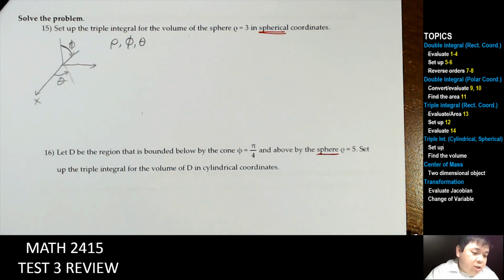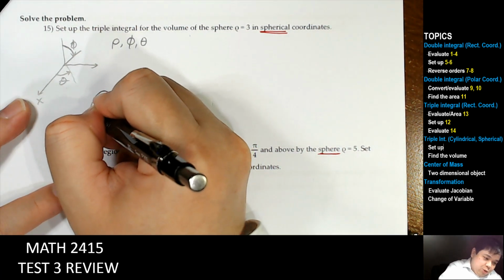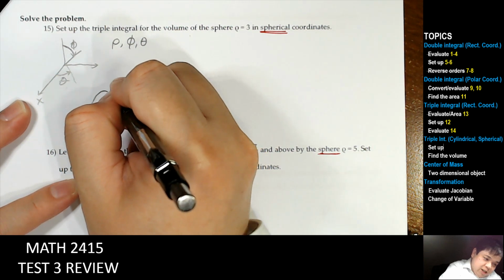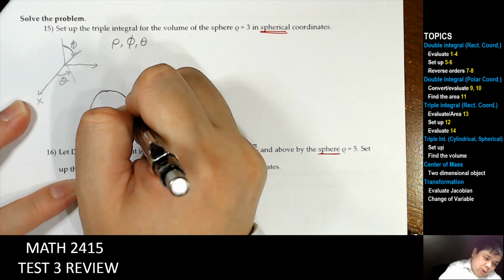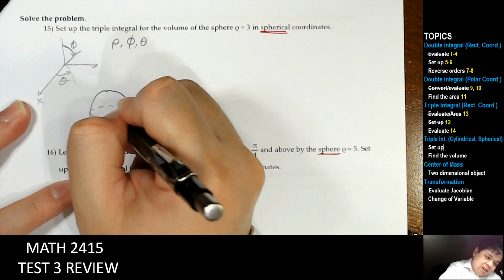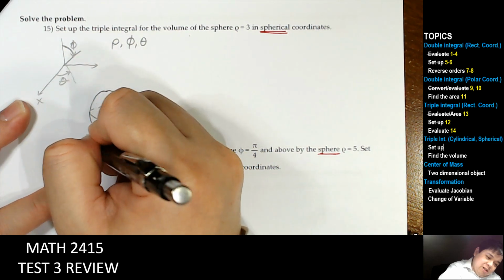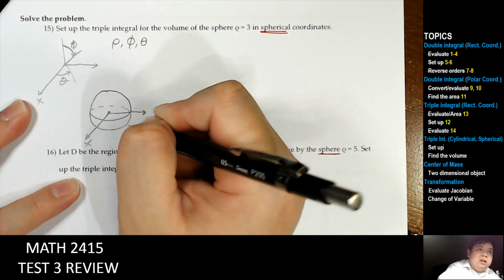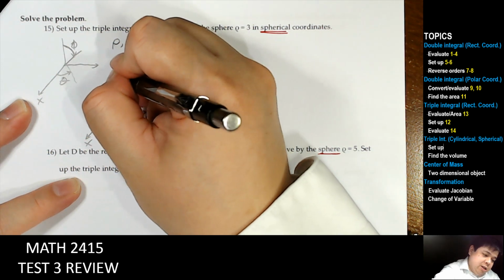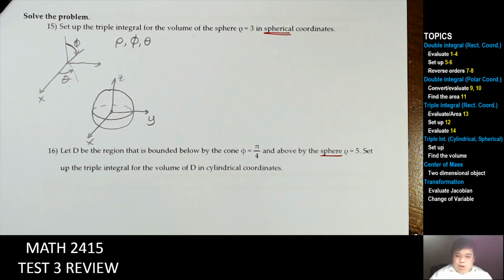So for this one, set up the triple integral for the volume of the sphere, rho equal to 3. So pretty much trying to draw a sphere here. Usually we just draw a sphere first and worry about the coordinate axes later. Yeah, of course, you see that looks a little better.